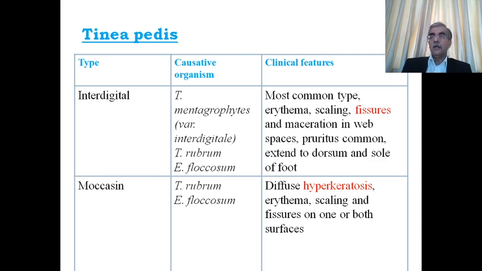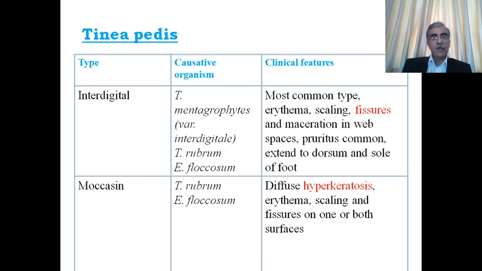And clinically, this is the most common type of tinea pedis, and the lesions are erythematous, scaly, there can be fissuring and maceration. Although it is commonly pruritic, sometimes there can be pain because of the secondary infection. So when painful lesions are there, we should also give antibiotics, just to treat secondary bacterial infection along with antifungals.